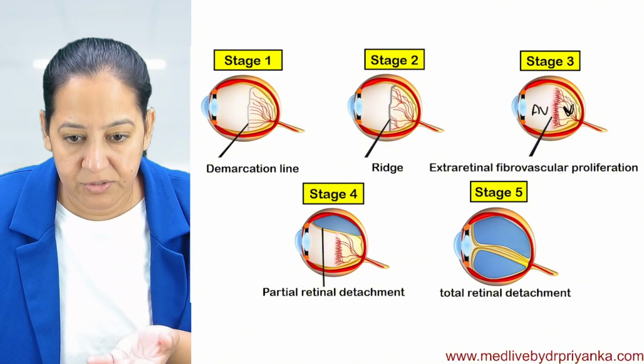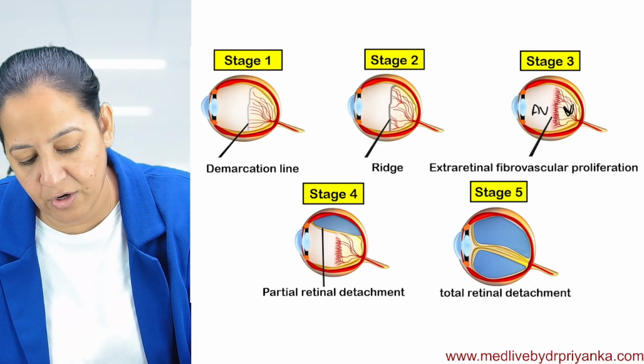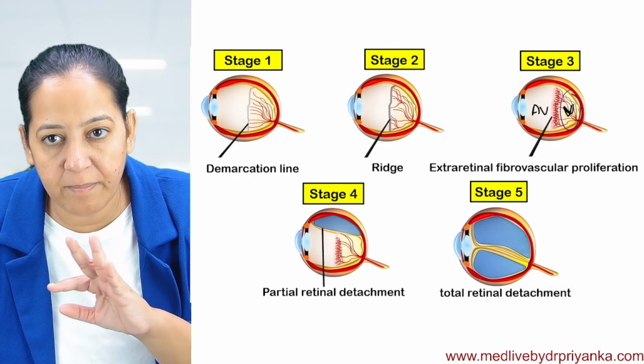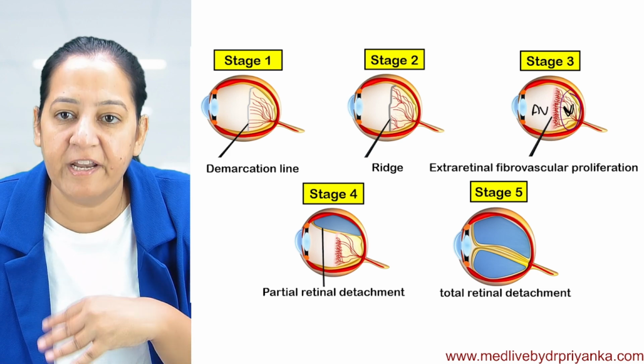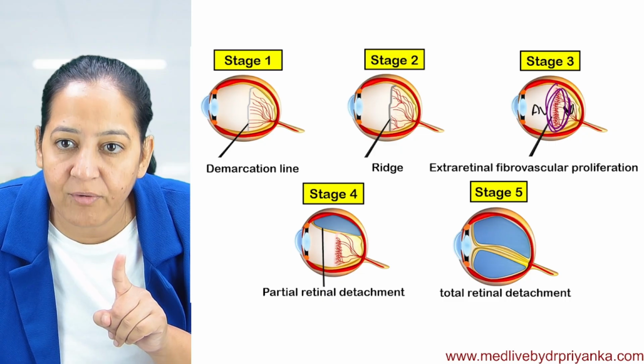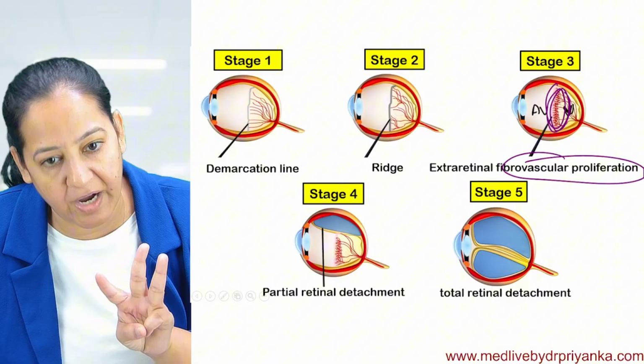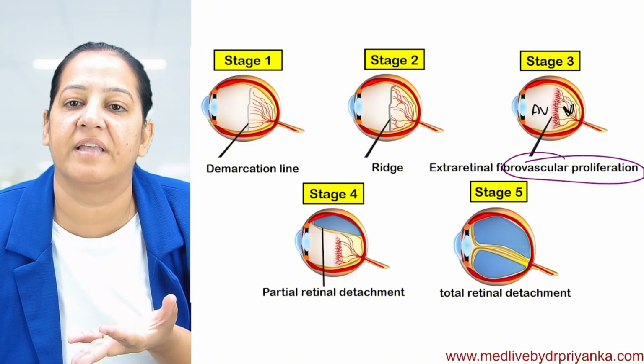This is avascular. So again as a compensation, the VEGF will increase. The VEGF cannot start the migration of the original retinal vessels again. It will lead to formation of new blood vessels. The new blood vessels are neovascularization, known as fibrovascular proliferation. So stage 3 is fibrovascular proliferation, which is starting at that ridge.